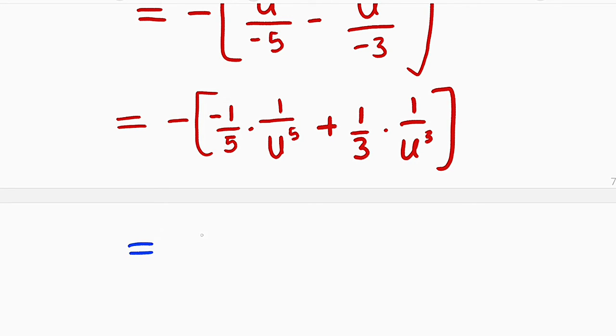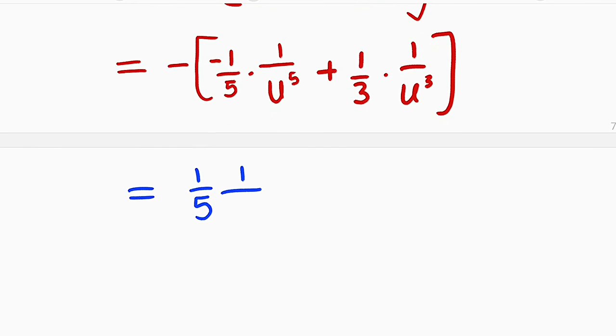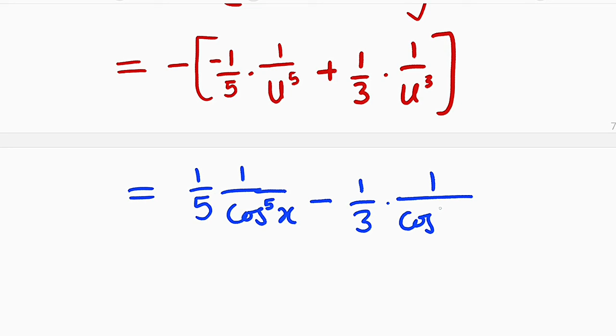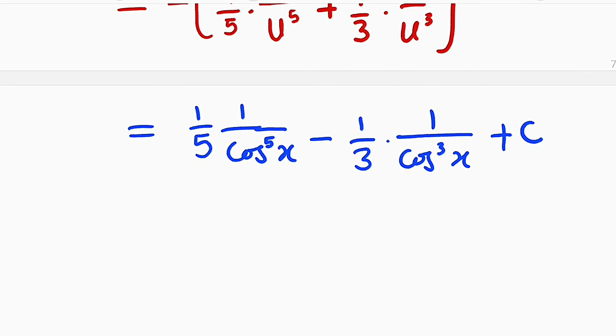So this is equal to positive 1 divided by 5 multiplied by 1 divided by u to the fifth power. You know that u is cosine, right? So we have cosine fifth of x. Then this negative sign multiplied by positive sign, we have negative sign. We have 1 divided by 3 multiplied by 1 divided by u to the third power, which is cosine to the third power. Don't forget to add the constant of integration.